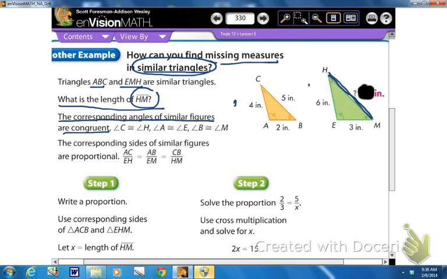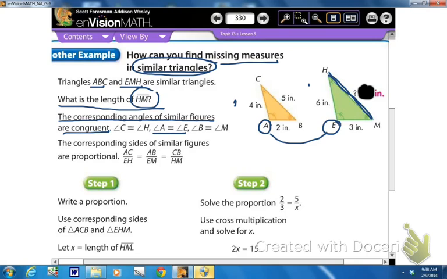So you have to find the corresponding angles. Just looking at these shapes, you can see right away I've got my obtuse angle here and here. So these two angles are congruent, and they show that right here: angle A and angle E are congruent, meaning they have the same measurement. They show that by these 2 hash marks. Both of them have 2 hash marks if you look closely in your book.